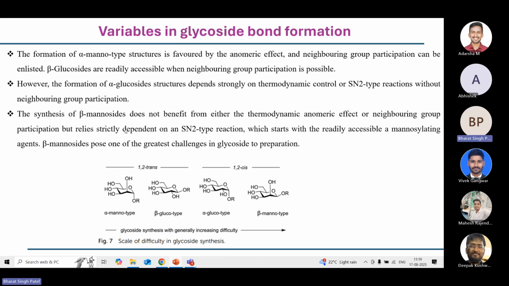But for the beta mannoside, it is still not clear whether it depends on thermodynamic factors or the anomeric effect, because here there is no anomeric stability for the outcome of the glycoside product. So getting the beta glycoside is still very challenging.